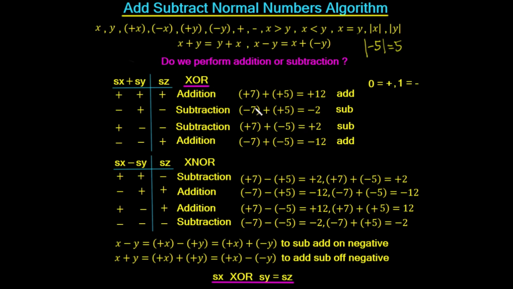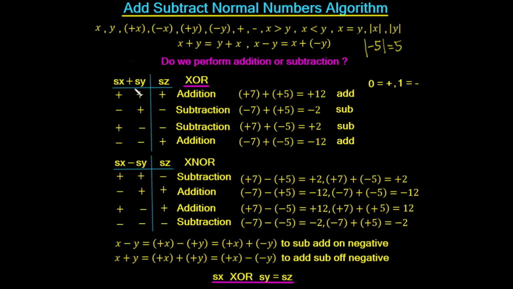We've really said 7 minus 5, which gave us the value of 2, and then the sign is computed separately, and we've got a negative value for the sign. So if these signs are different, then we perform a subtraction algorithm. But if the signs are the same, we perform an addition algorithm.